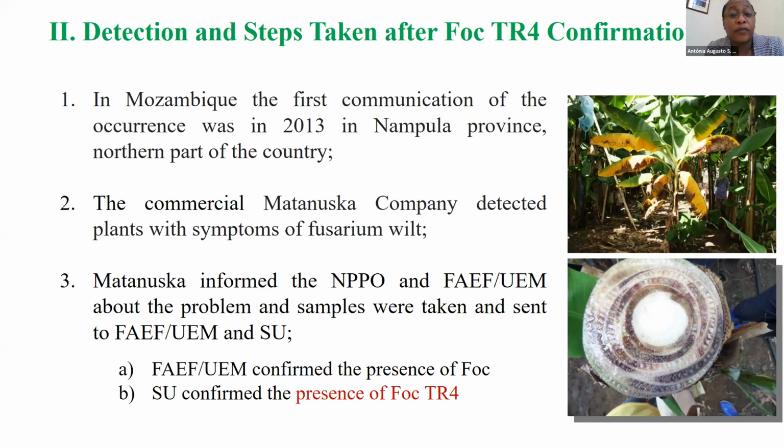Matanuska informed the NPPO and the university, and we collected samples. Eduardo Mondlane University in Mozambique confirmed the presence of Fusarium oxysporum, and Stellenbosch University in South Africa confirmed the presence of Fusarium oxysporum tropical race 4.